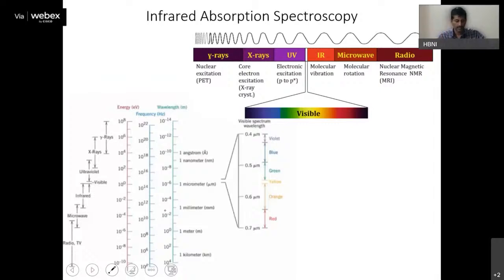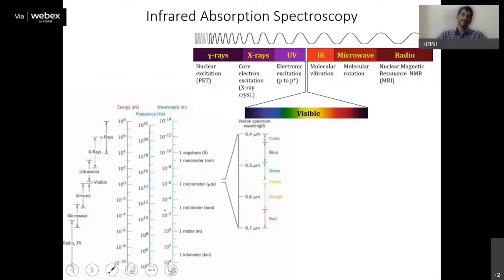If we talk about the energy levels in a molecule, the lowest energy levels are rotational levels, which fall in the microwave region. Then you have vibrational energy levels, which are in the infrared region, and if you further increase the energy, these are the electronic excitations, which are in the visible and ultraviolet region.